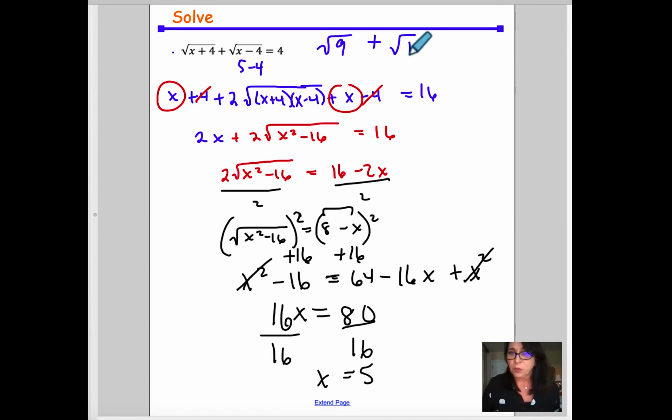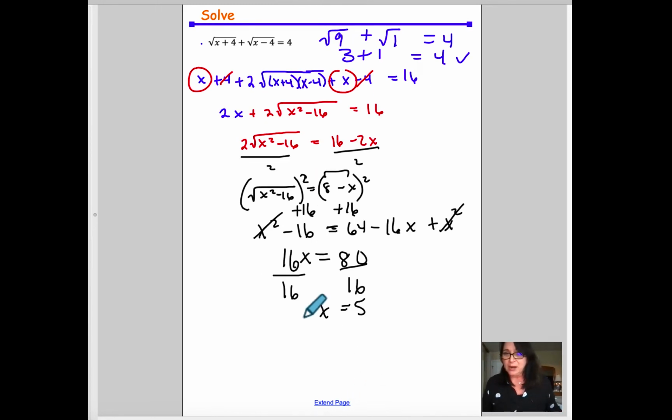So plus the square root of 1. Does that equal 4? So I have 3 plus 1 does equal 4. Check. So that means that the answer I got, my 5 way down here, is actually my solution. And that also means that I don't have any extraneous solution. So my answer is 5, not negative 5.